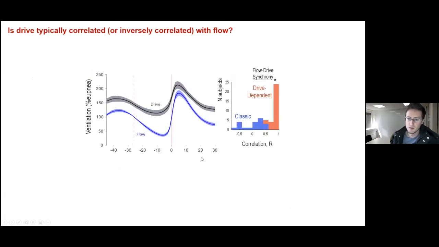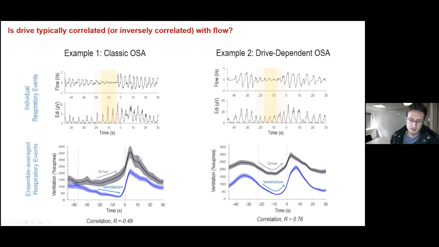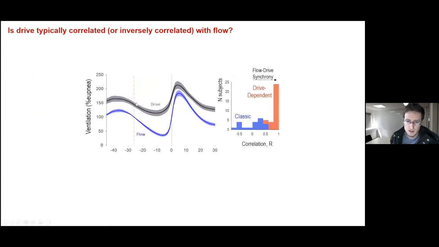But in fact, what we saw, and this is now the group ensemble average, where we took this patient and this patient, stacked them on top of each other, stretched the event so that they time locked at the left and the right, and looked at the average behavior of flow and drive during events. You can see that flow and drive track, right? There's a little bit of a mismatch in time here in the average person.